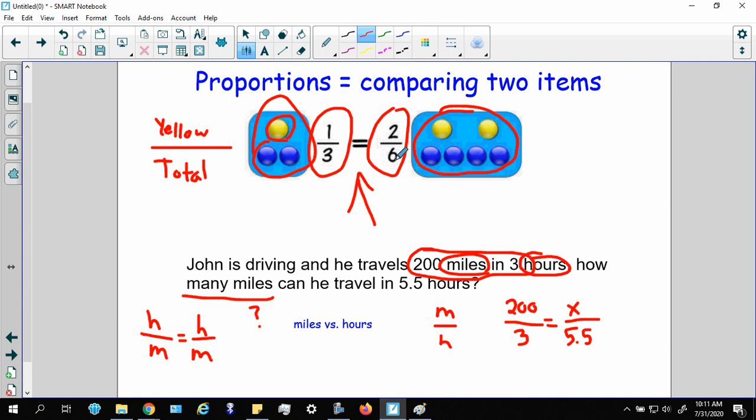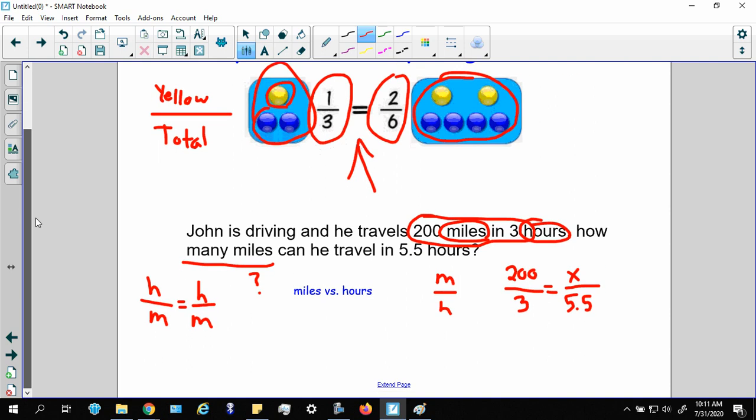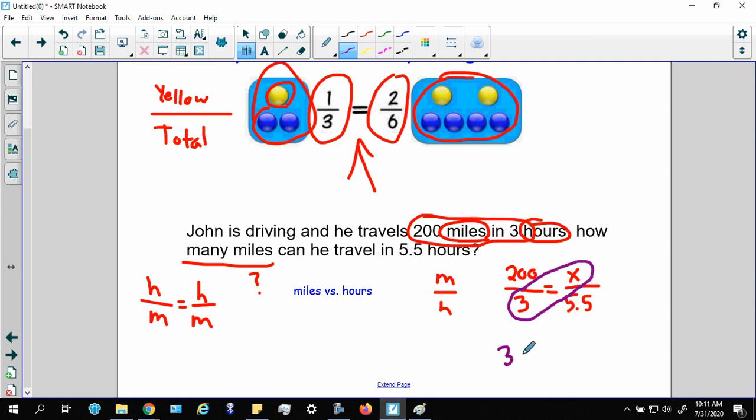At this point, since this is a review, you're probably fast forwarding through this, but I'm going to solve anyway. We're going to cross multiply, so 3 times x, that'll be 3x, is equal to 200 times 5.5, and I'll need my calculator because it's early in the morning.